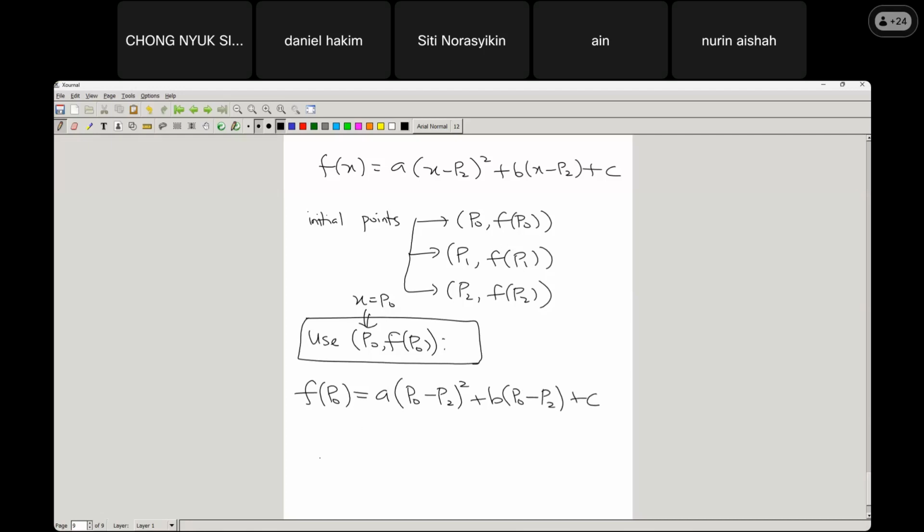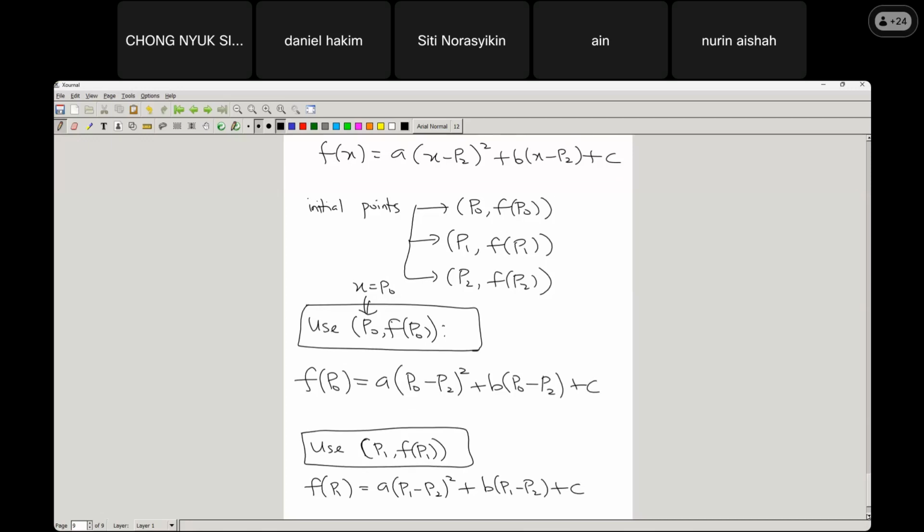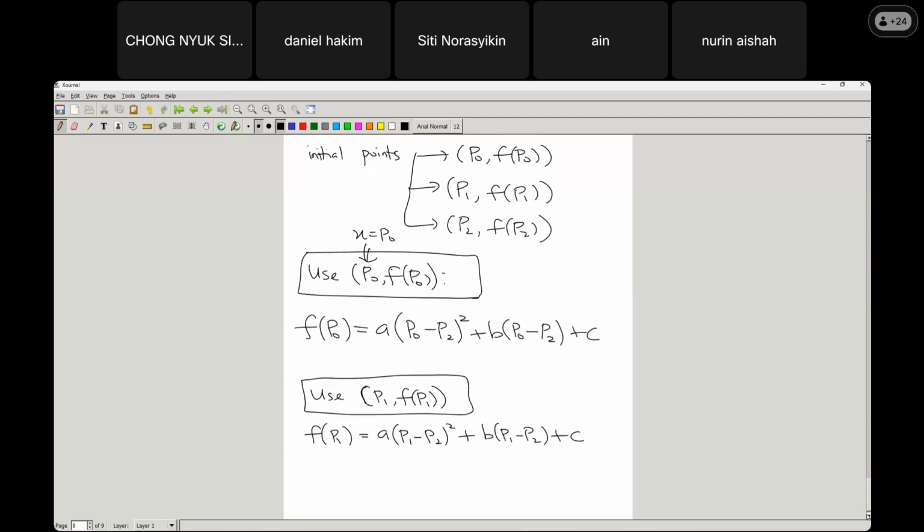Next we use p1, f(p1). So we get f(p1) equal to a times (p1 minus p2) squared plus b times (p1 minus p2) plus c.